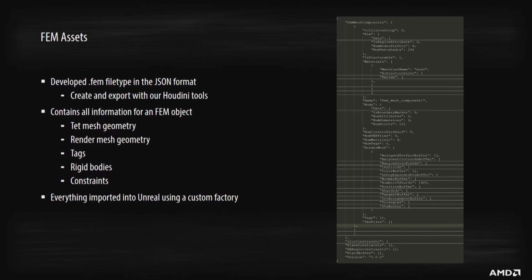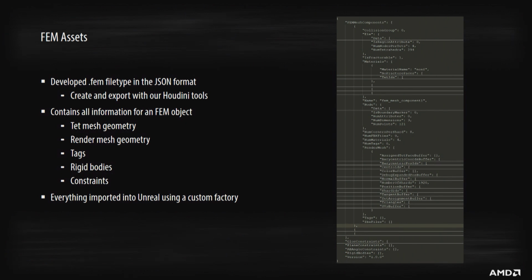It has the simulation mesh information, the render mesh information, and any pre-processing that the authoring tool does. It includes some tags, which I'll talk a bit more about in a minute, and rigid bodies, which we're not using all that much at the moment, and constraints that can be authored.